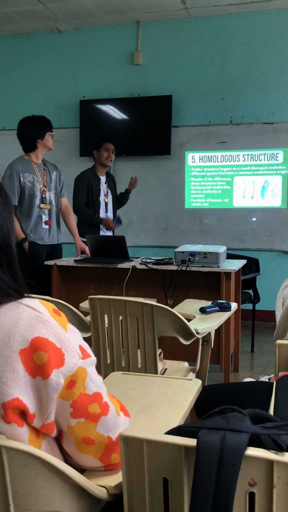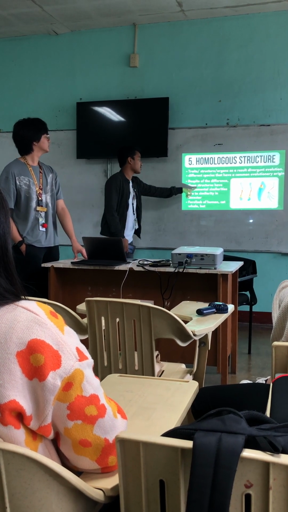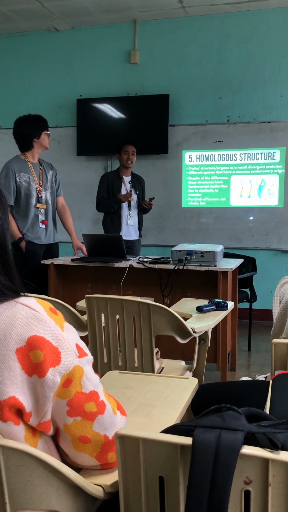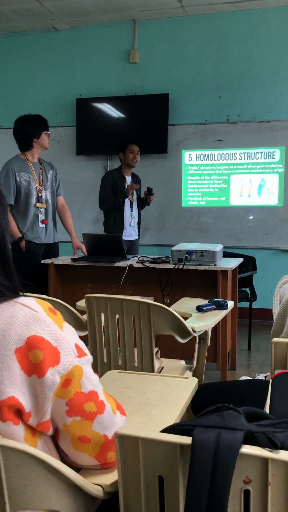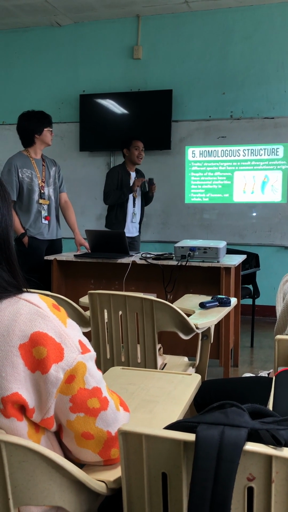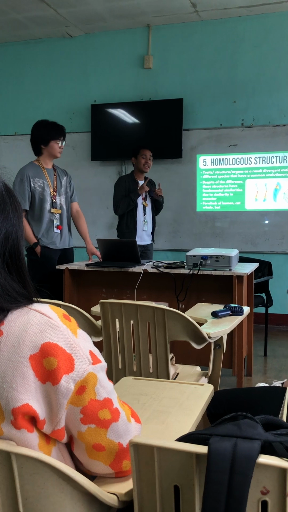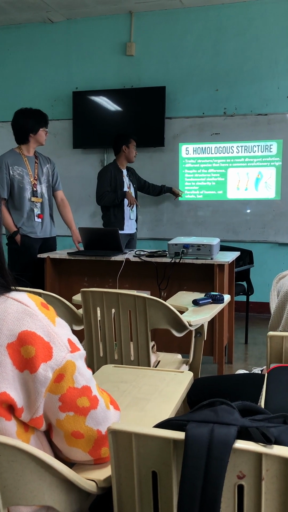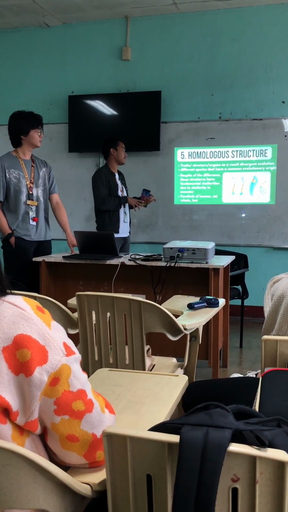So despite the differences, these structures have fundamental similarities. Kahit magkakaiba silang structure, meron silang pagkakaparehas because they descend from a single ancestor. Okay? Examples are human, cats, whales, and bats.